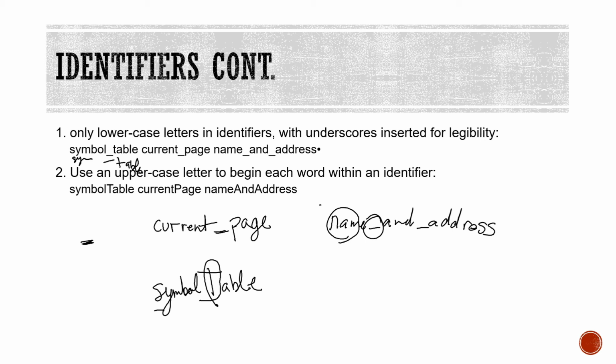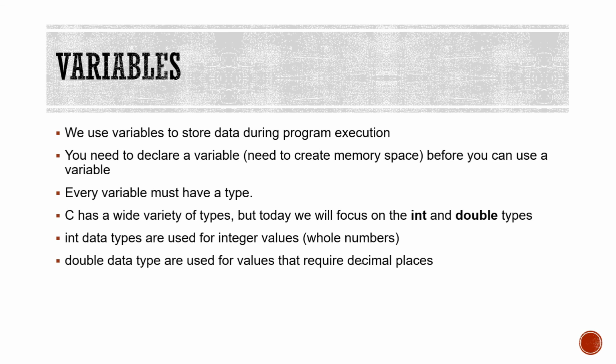A good example would be nameAndAddress. The first word is not capitalized, but the second and third words have their first letters capitalized. This is a good way to show separation when looking at the variable, that this is a different name.